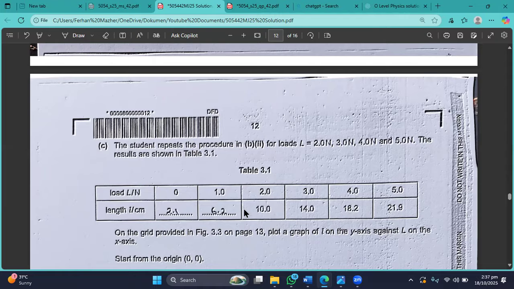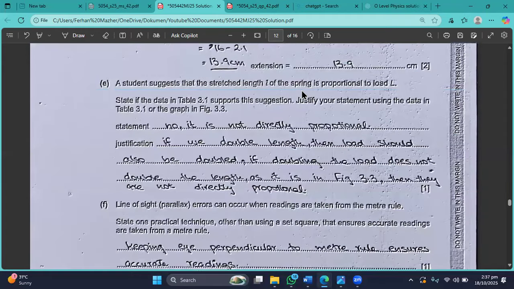The length has increased, but it has not exactly become double. For example, here your load is 2 Newton. You made the load 4 Newton. So you double the load. The length has not doubled. The double of the 10 is 20. It is only 18.2.